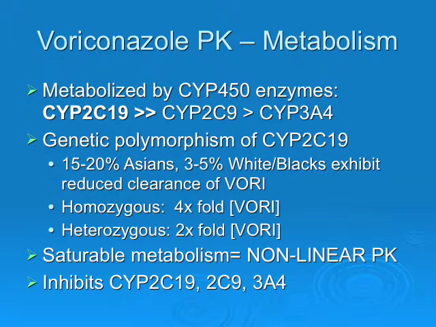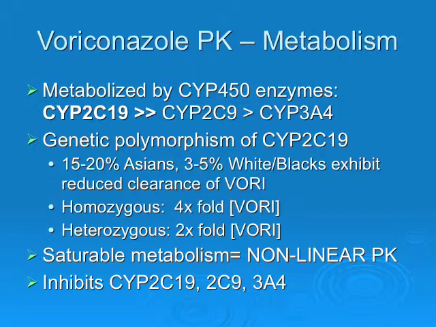But moving from the kidney over to the liver, voriconazole in the liver is a fairly complicated subject matter. Voriconazole is metabolized primarily by 2C19, but it's also partially metabolized by 2C9 and 3A4. But we can really focus here because this is the most significant. It's important to note that there's substantial genetic polymorphism of CYP2C19. So 15 to 20% of Asians, 3 to 5% of Caucasians and African Americans exhibit reduced clearance of voriconazole.